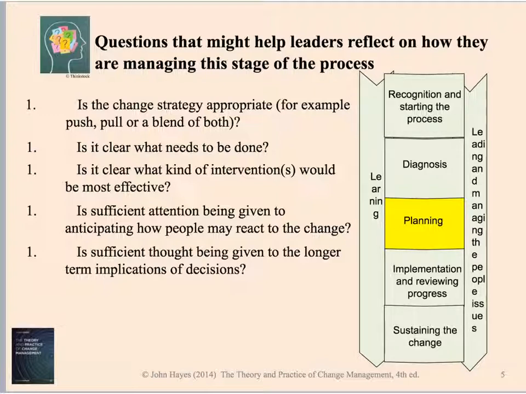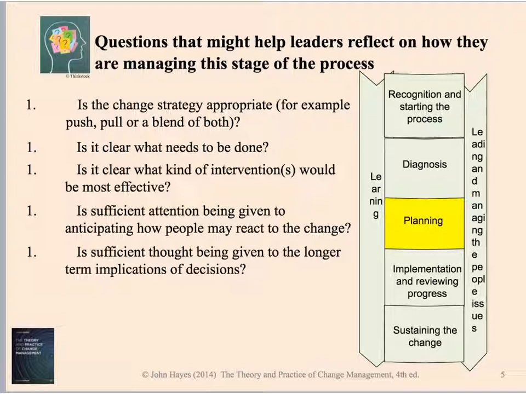But 9 times out of 10, the push does not work. You want to pull people in. You want to have a strategy that really gets people saying, oh my gosh, I want to be a part of this. How can I be a part? So you're kind of pulling them with you. Or you can have a blend. Depending on what you need in your organization, the push, pull, or a blend is really important.